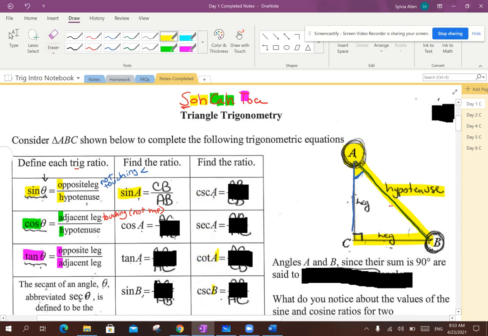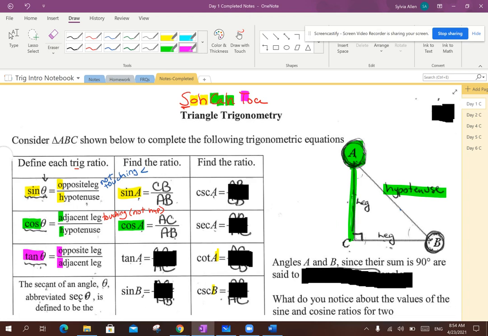So let's do sine, cosine, and tangent first. There are 6 trig functions. You are already aware of the first 3: sine, cosine, and tangent. So let's take a look at cosine of angle A. Remember it's the adjacent leg, but not the hypotenuse. So it's going to be this leg right here. It's the adjacent leg over the hypotenuse, so we have AC over AB.